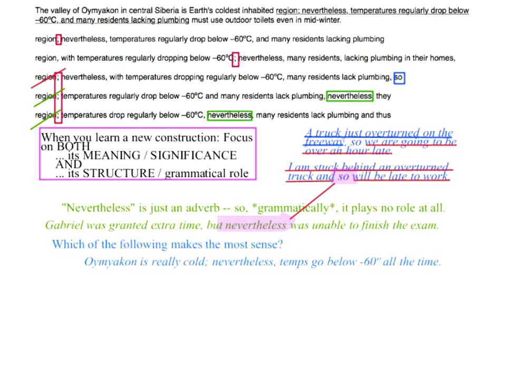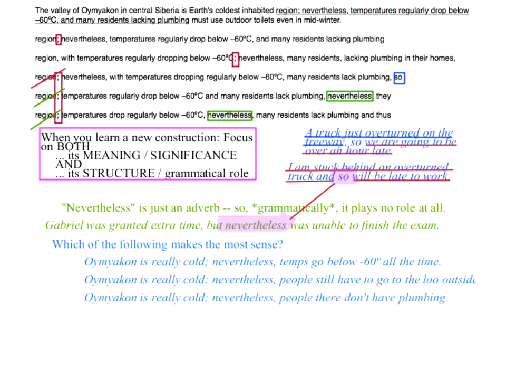The second is: Oymyakon is really cold. Nevertheless, people still have to go to the bathroom outside. And the third one is: Oymyakon is really cold. Nevertheless, people there don't have plumbing.